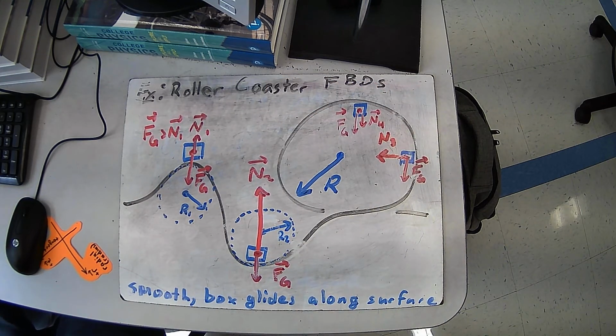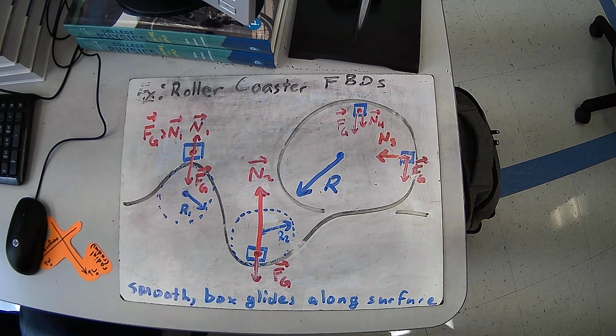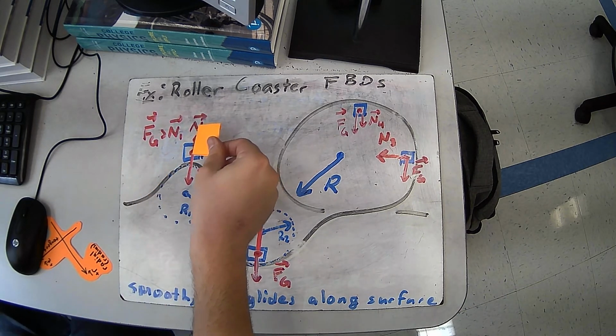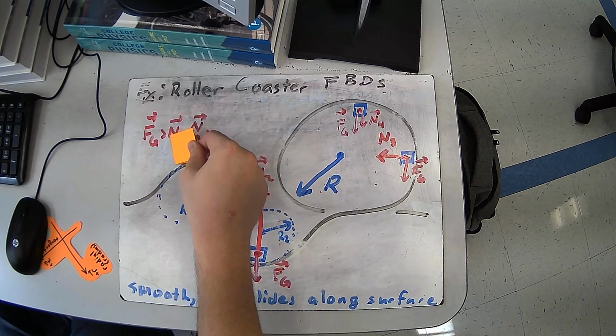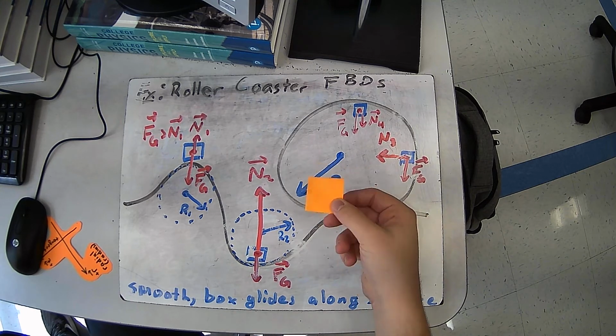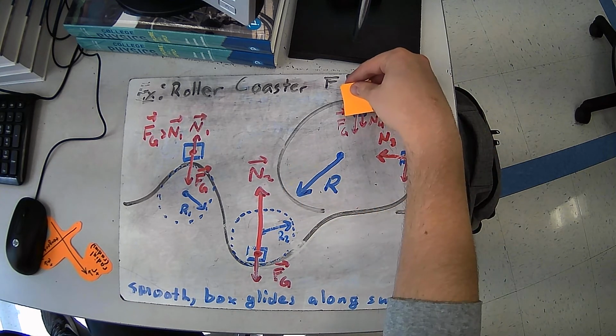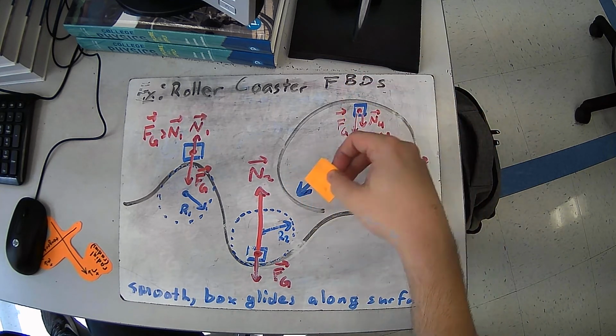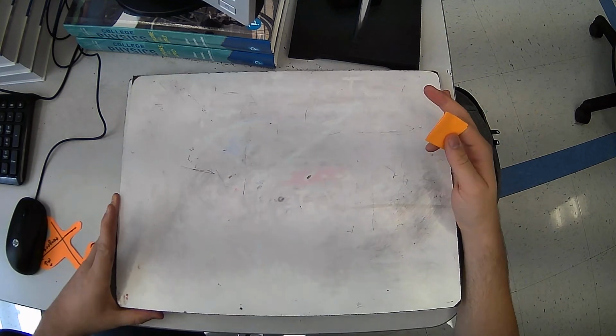The other question that I want to address here, rather, the other physics coded language that I want to explain, is sometimes it'll ask, at what minimum speed will the box fly off of this hill instead of going down? Or similarly, it might ask, what minimum speed does the box need in order to make it around the loop without falling before it gets to the top? So that's coded language.